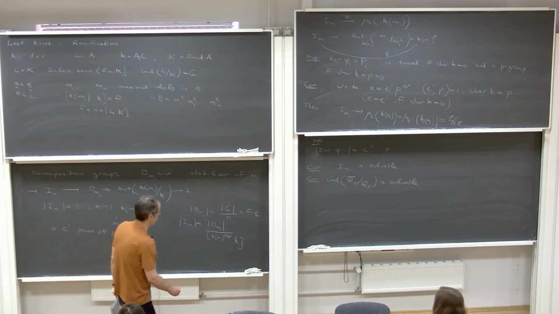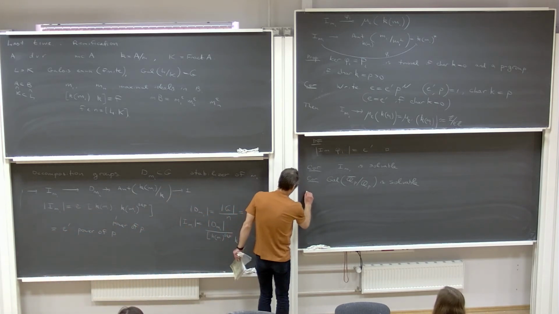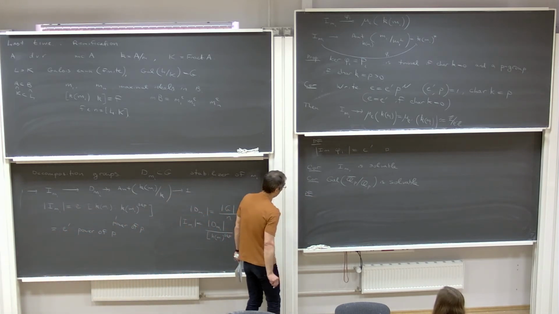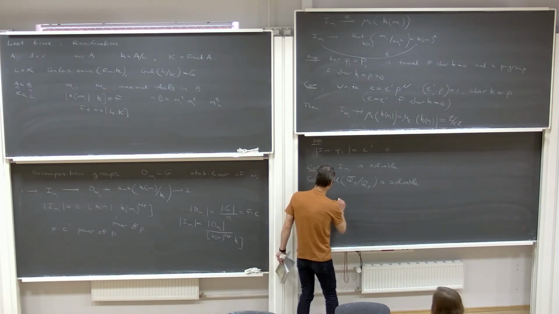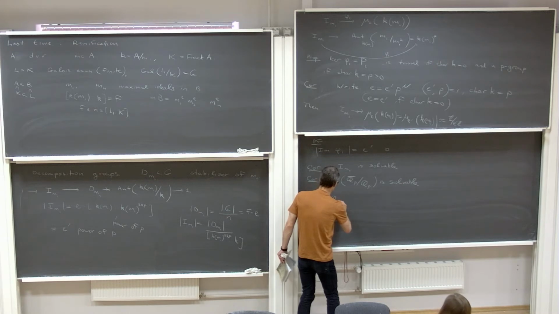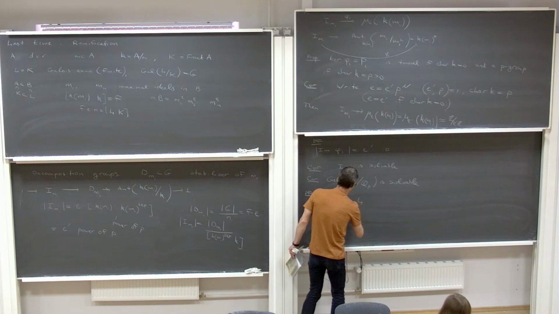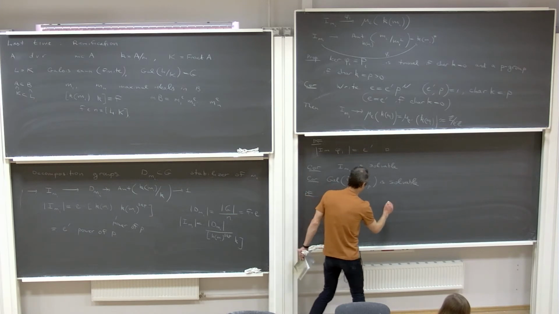Why is that? So you have QP. This is our K. This is a finite extension, with Galois group G.